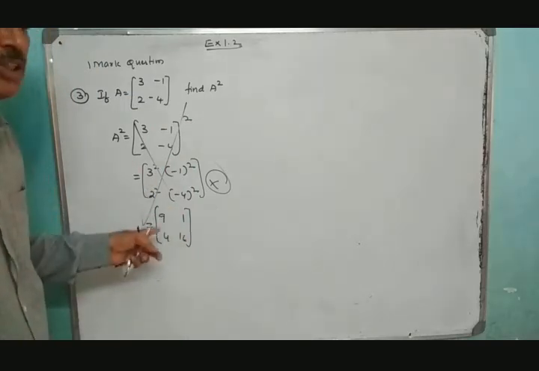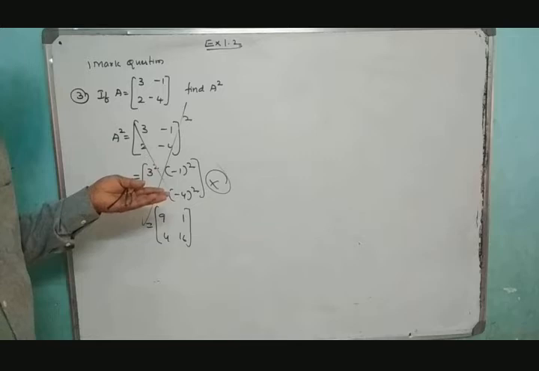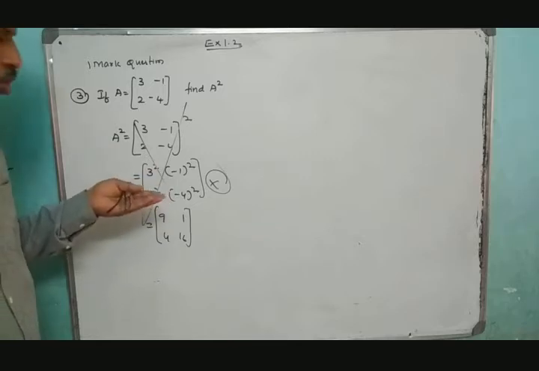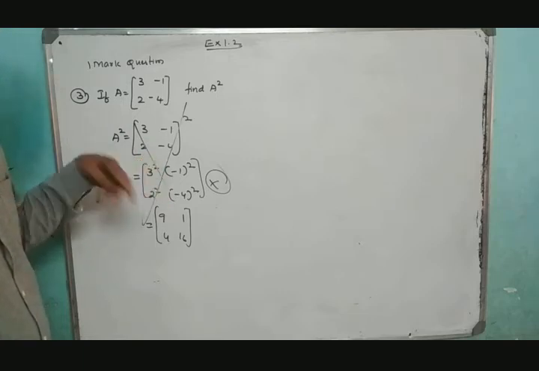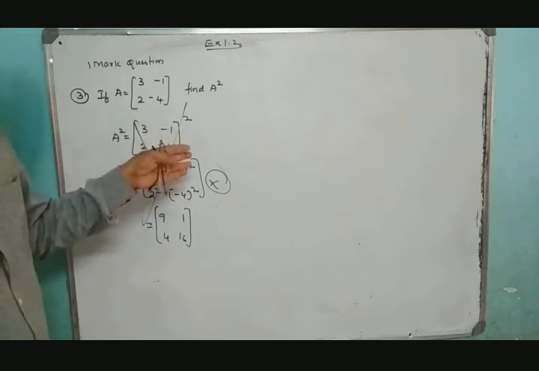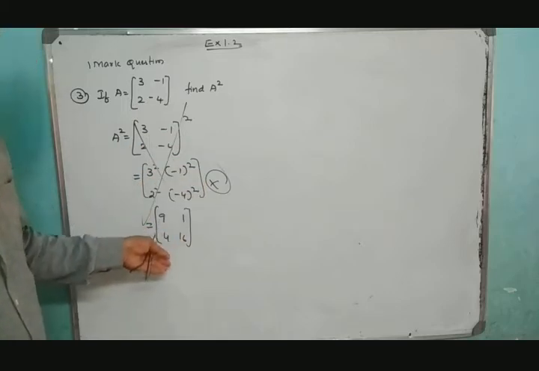Why I am saying this is, I observed from your seniors in the evaluation that many of the students, for A square, will square each and every element of the given matrix and write answers of this type.